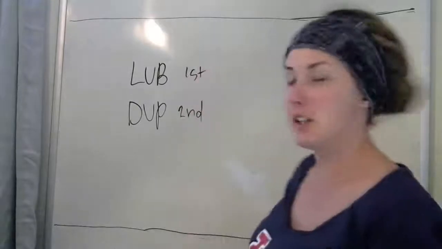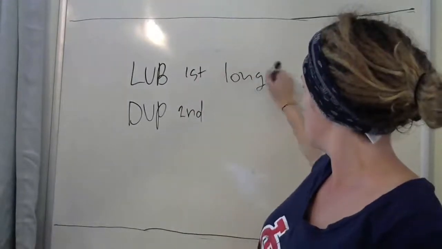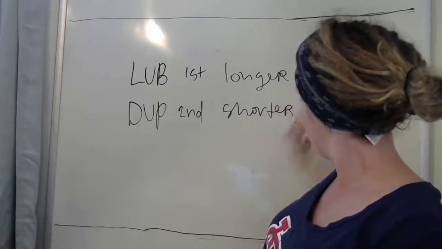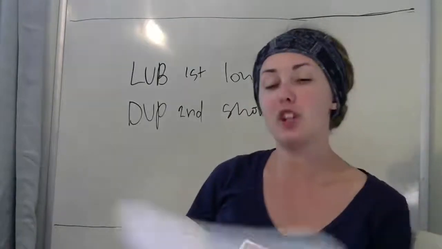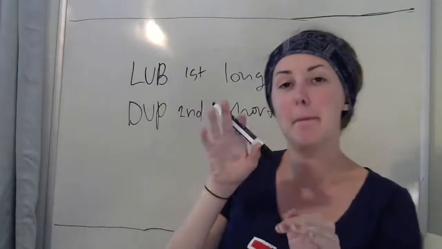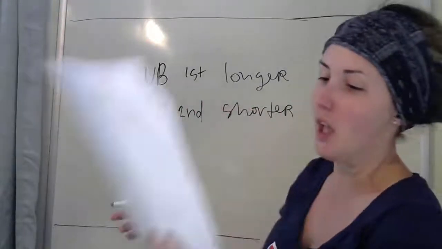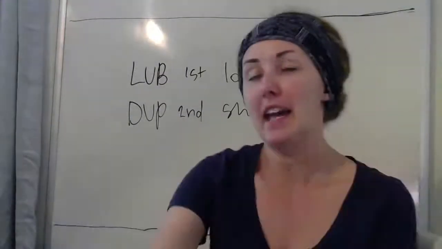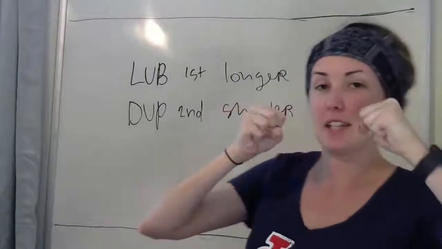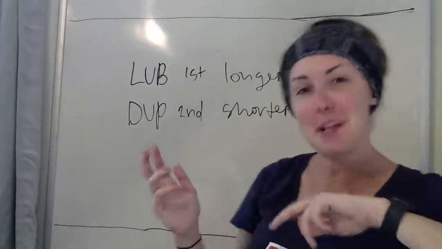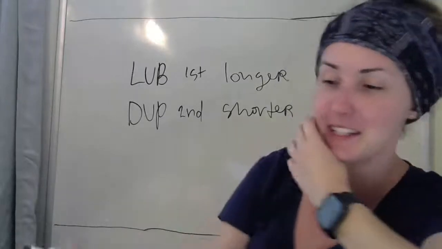And the first sound is going to be a little bit longer, and the second is going to be shorter. So when you're listening with a stethoscope, it's going to be lub-dub, lub-dub. And the lub is the closing of the AV valves. So AV valves are closing and opening at the same time on opposite sides of the heart. So the heart works together, but separately at the same time, if that makes any kind of sense at all.